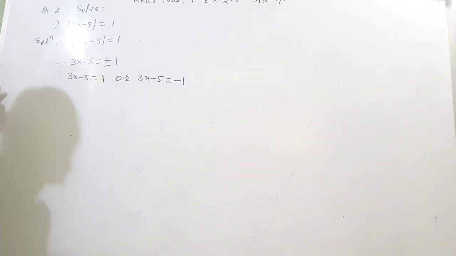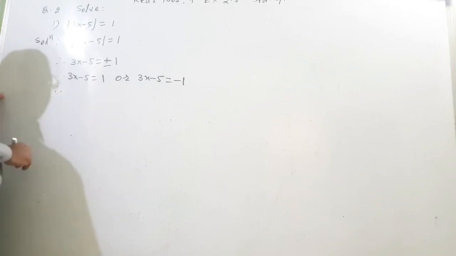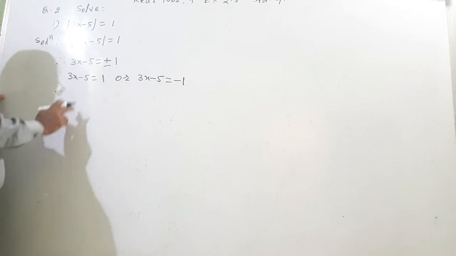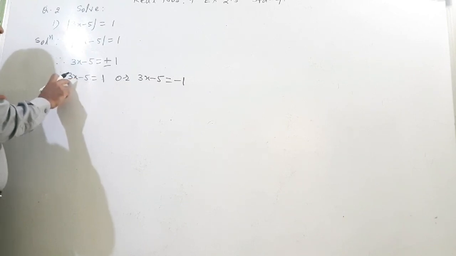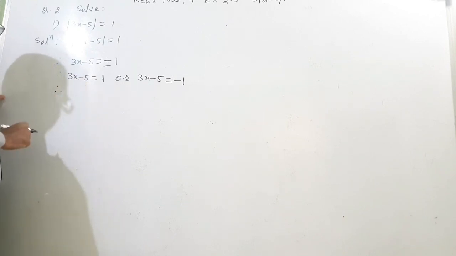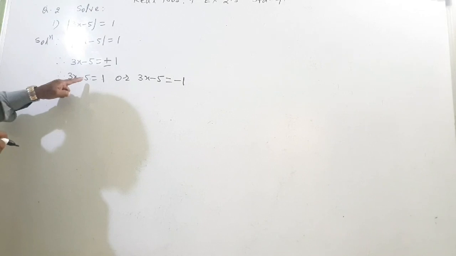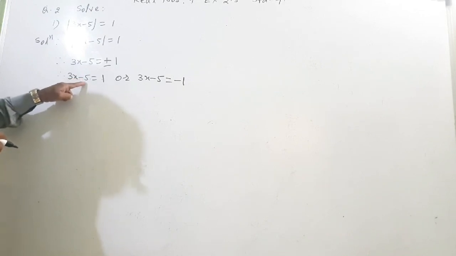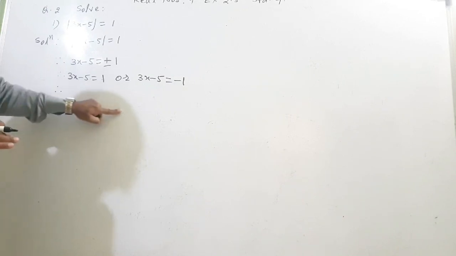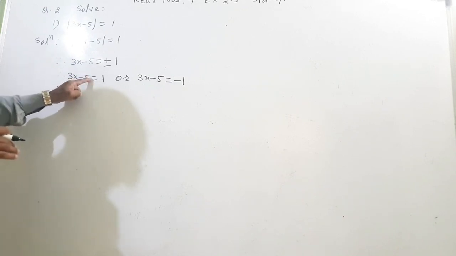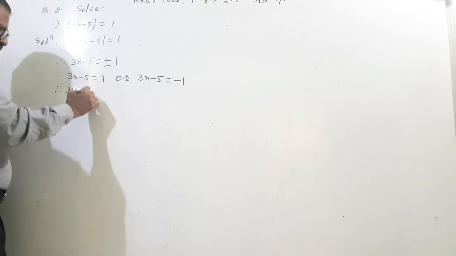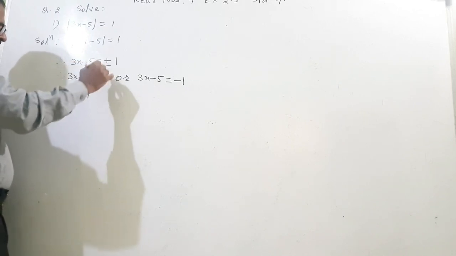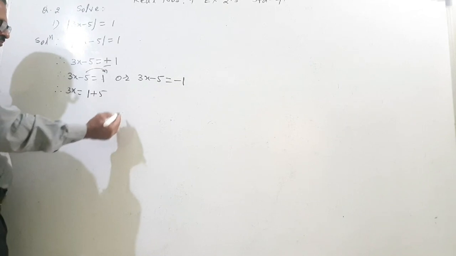Now one by one I will shift the numbers over. Whether to shift the 3 or the 5, we have to judge. I will shift definitely this 5 because it is alone. Those which are alone numbers will be shifted first. So this 3x will keep as it is. If I am shifting this 5 here, it will become plus 5.